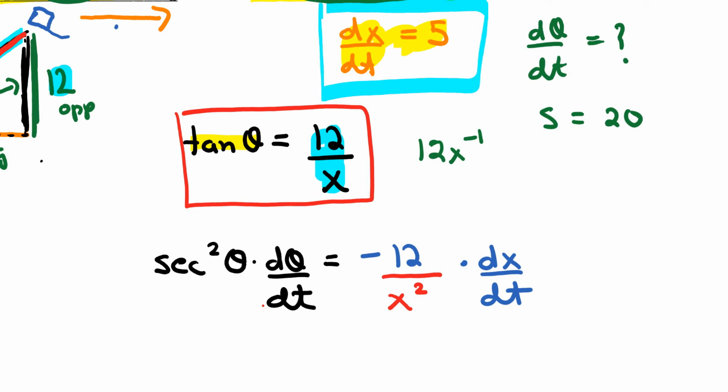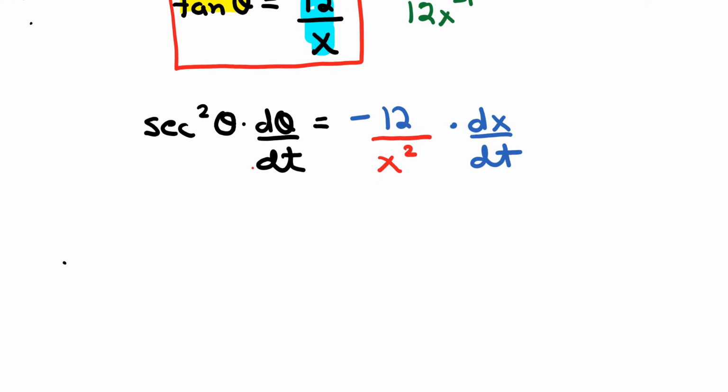Okay, let's try to figure out how we can solve the rest of this problem here. If I'm dealing with secant squared theta, remember secant theta is the same thing as 1 over cos theta. And I recommend that you do write the secant theta in terms of the cos theta.